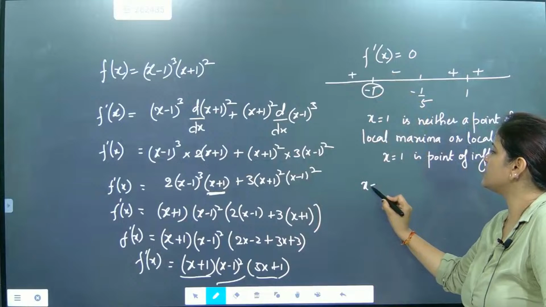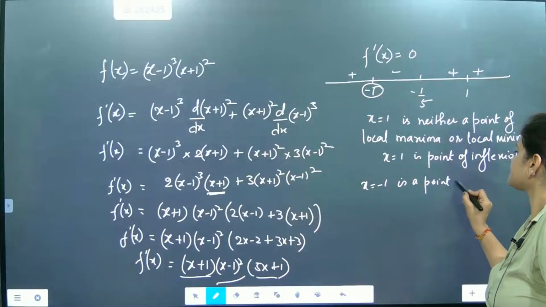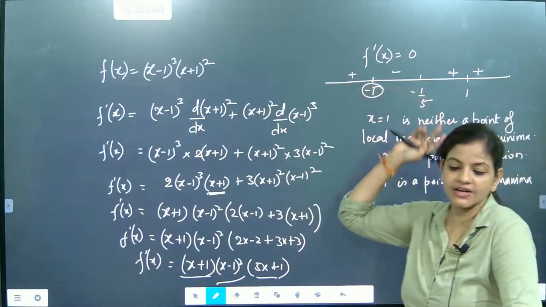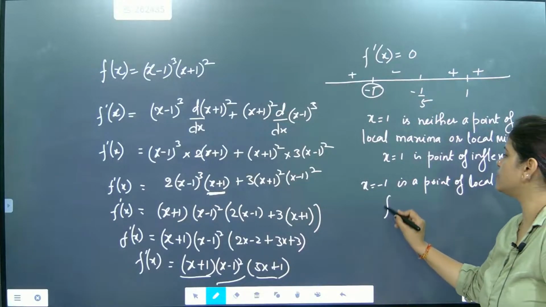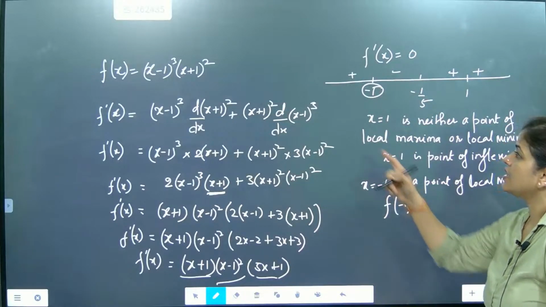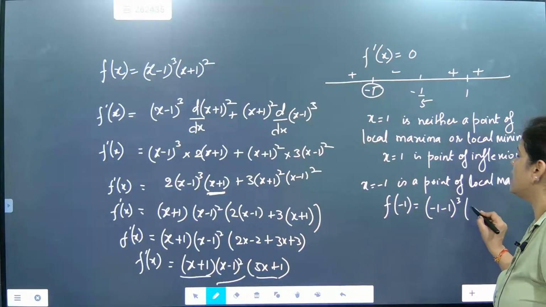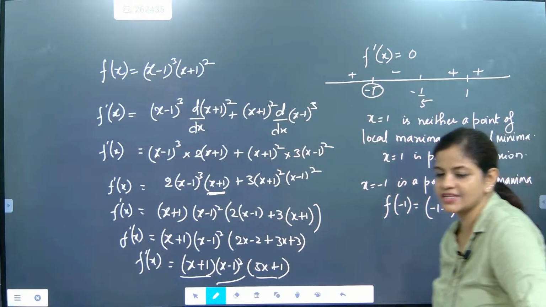So x is equal to minus 1 is a point of local maxima. Why beta? Because here this is plus and on the right side it is minus. So local maxima it is. Now we will substitute this value, f of minus 1. In the question itself we put (minus 1 minus 1) whole cube and (minus 1 plus 1) whole square. So the overall answer is coming as 0.